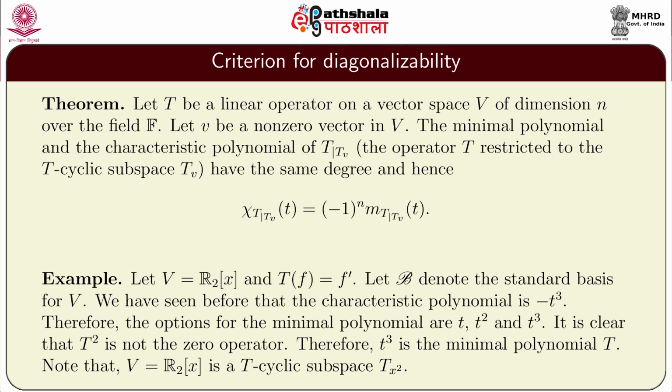Why? For example, if we apply T square on the polynomial x square, then the answer will be 2 and that is not 0. Therefore, T square does not vanish on the whole vector space V, and definitely this operator is a non-zero operator. So, the possibilities t and t square are ruled out, hence t cube is the minimal polynomial of the operator T.